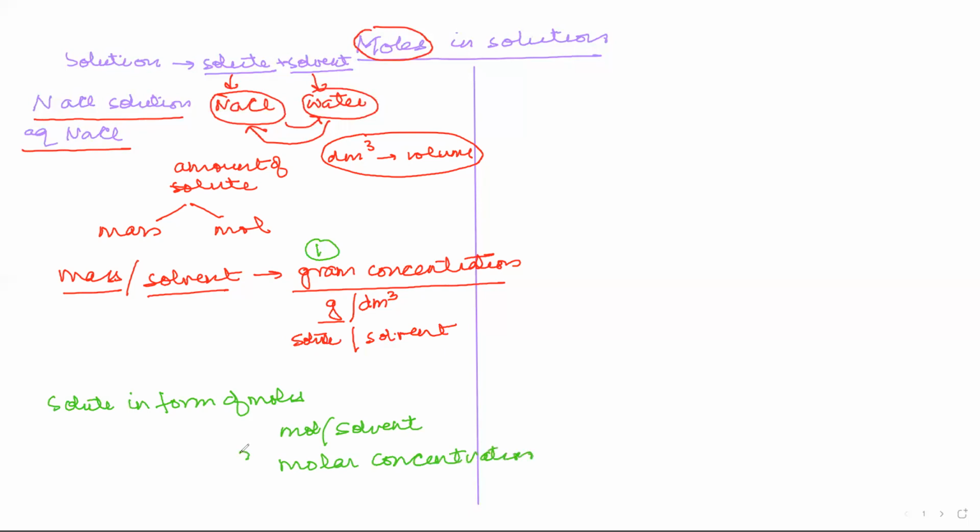This is the second category of concentration. The first category we call gram concentration, because there we take the solute in the form of mass dissolved in a certain volume of the solvent. The second type is known as molar concentration, where we take the moles of the solute dissolved in a certain volume of solvent, with the unit taken as dm cube. Now these are the two kinds. Fine.